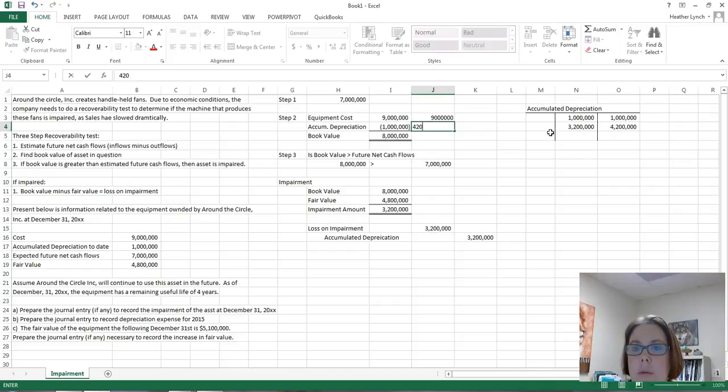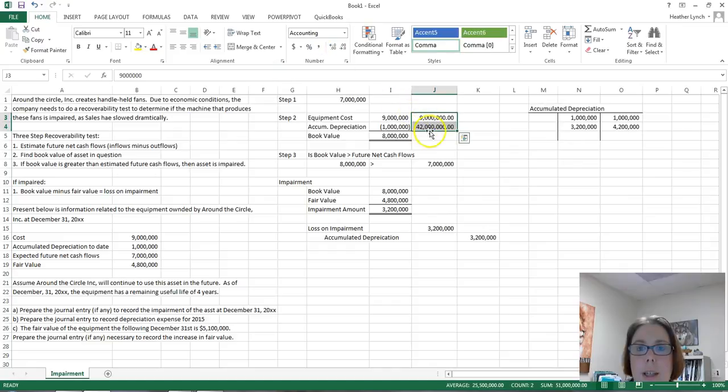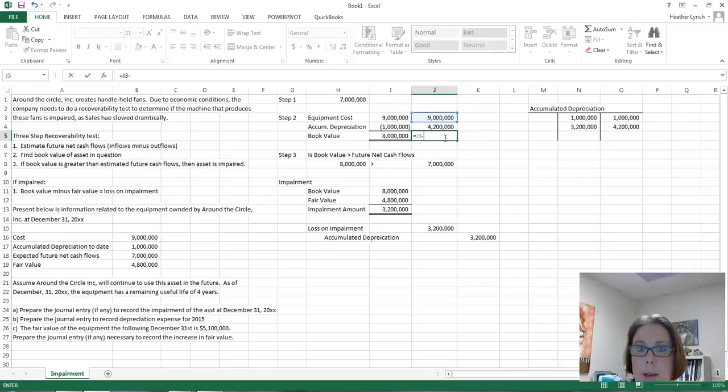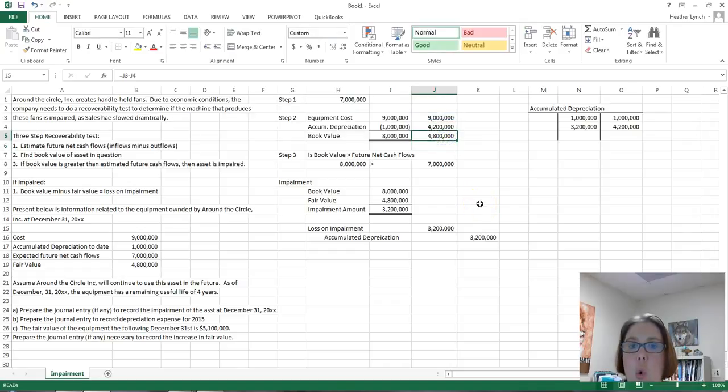Take the difference between them. What I've done, this was the first step, I increased my accumulated depreciation by the $3.2 million to get to the new fair value, which we determined was $4.8 million.